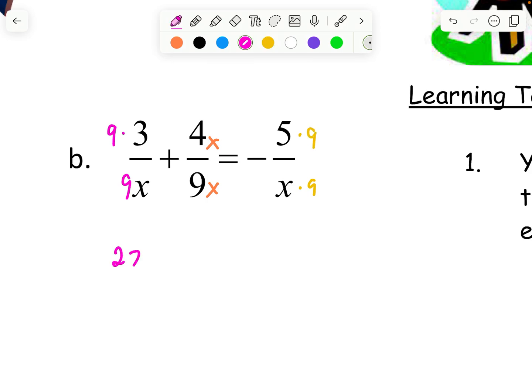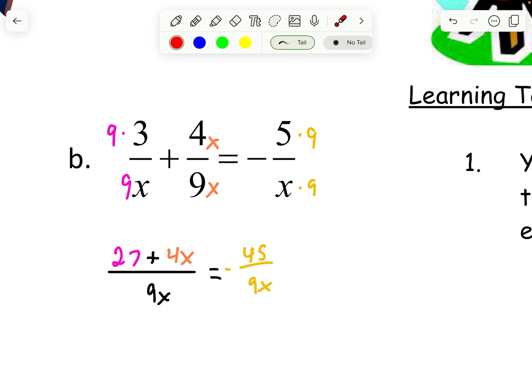And so now you have 27 plus 4x over 9x equals negative 45 over 9x. So this negative, you can attach it to the numerator or the denominator, but not both.